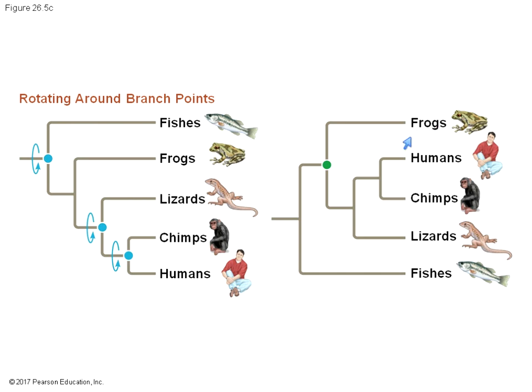Our frogs are up here. Human and chimps ended up here. Lizards here. And fishes ended up down here. Okay, so doing rotation in all three of these places gives us another way to look at things, but the evolutionary relationships here haven't changed. You're just looking at them in a slightly different order.